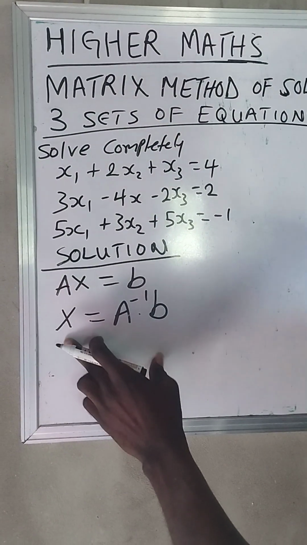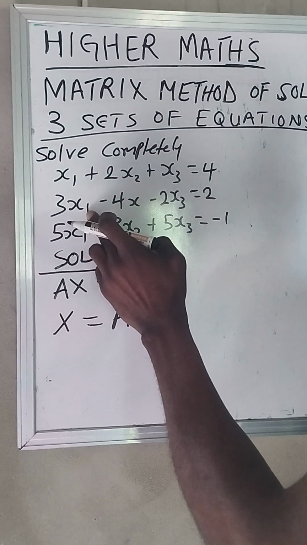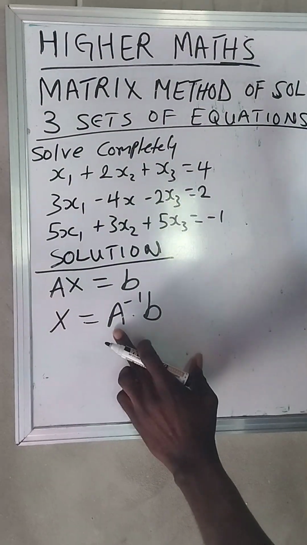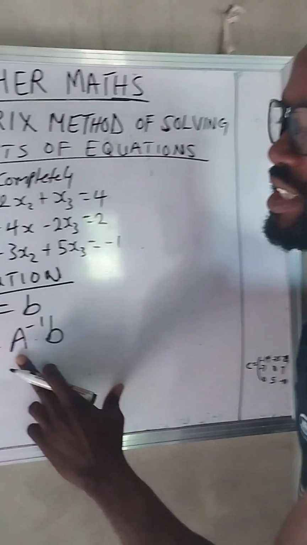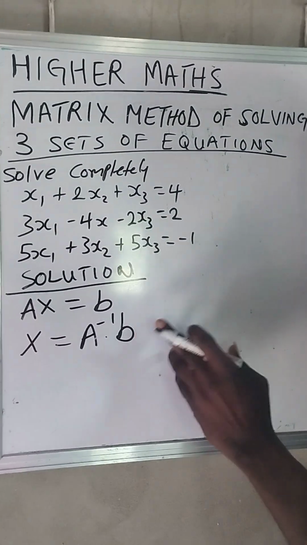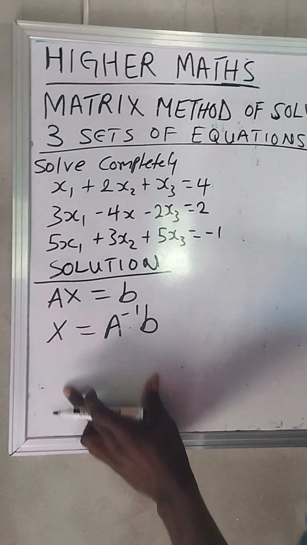X is the unknown, which is made up of x1, x2, and x3. A is a 3 by 3 matrix, and B is the constant of the matrix.